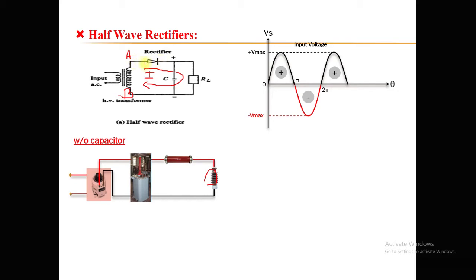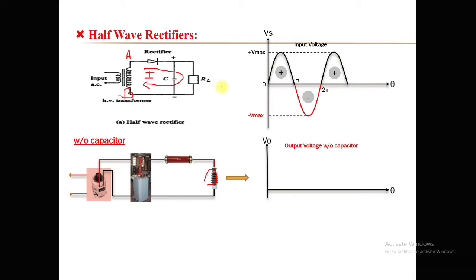You know that when the diode is forward biased, it acts as a closed switch, so now it will get short circuited. The positive maximum potential is now available to this RL side.